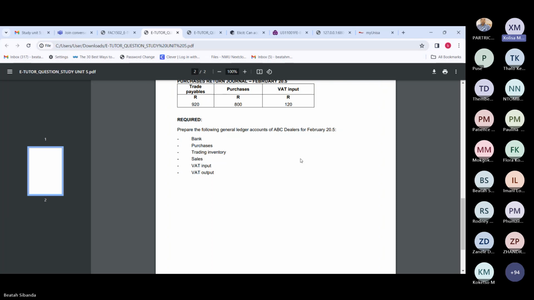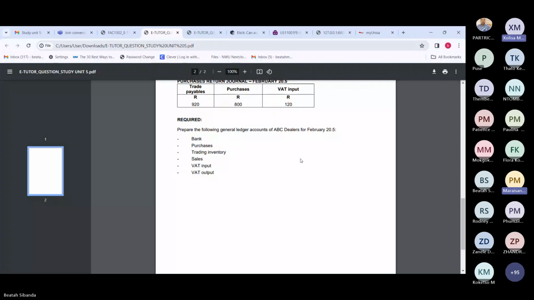Let me come in, because again, if it's not required here and you decide to write it yourself, that would be good for you to know what would happen in the sales returns journal, but it won't be marked.